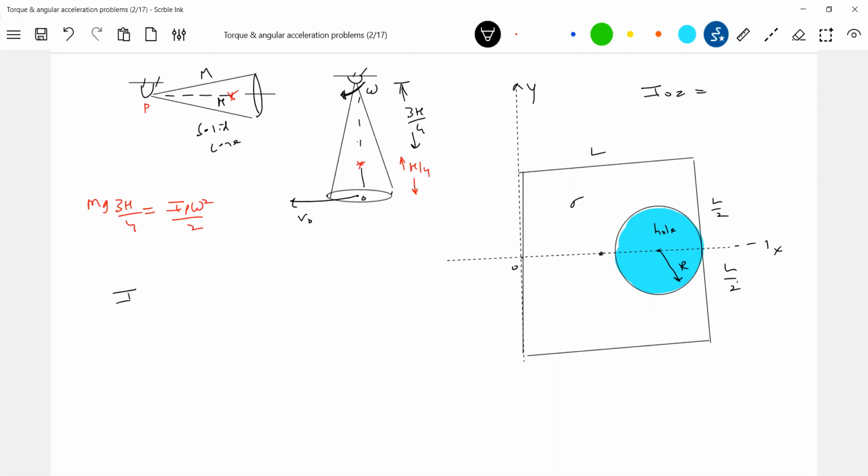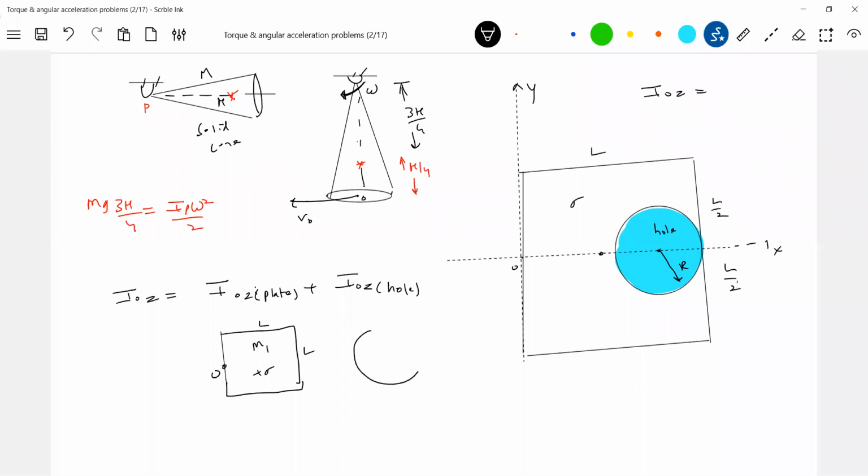So what is the total moment of inertia I_OZ? This I_OZ should be equal to the moment of inertia I_OZ of the plate plus the moment of inertia about the axis passing through and perpendicular to the plane of the hole. What is the basic assumption we have to make? This plate will have mass m1, side length L, positive density.